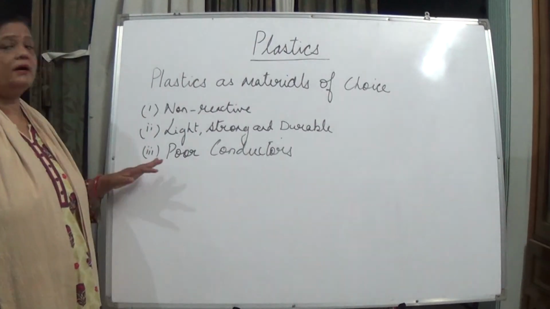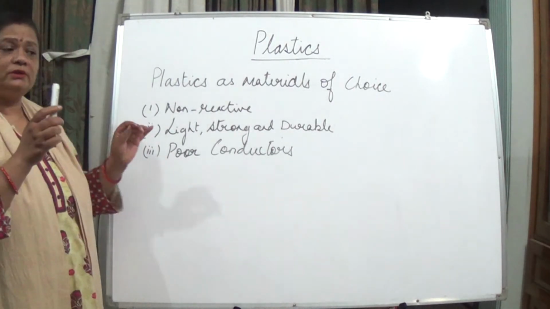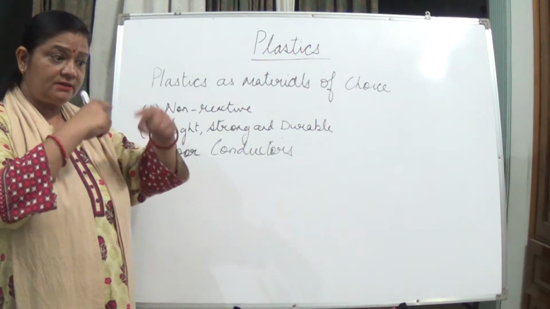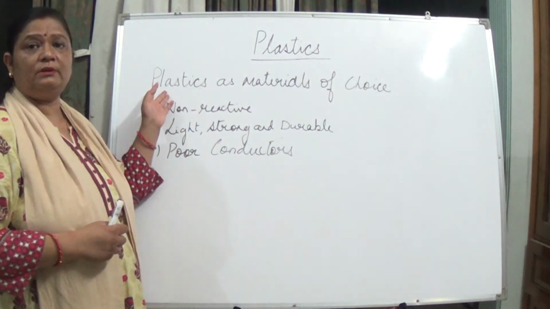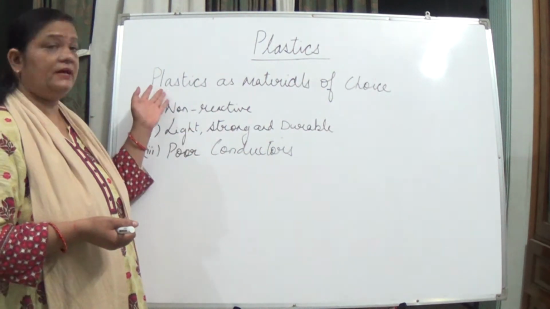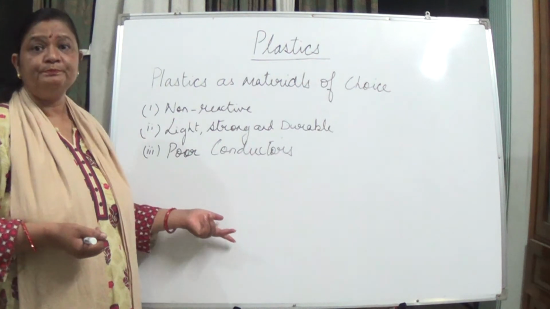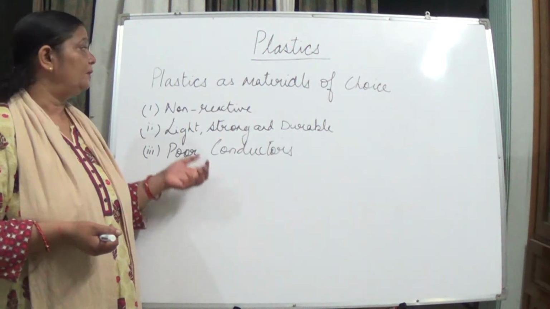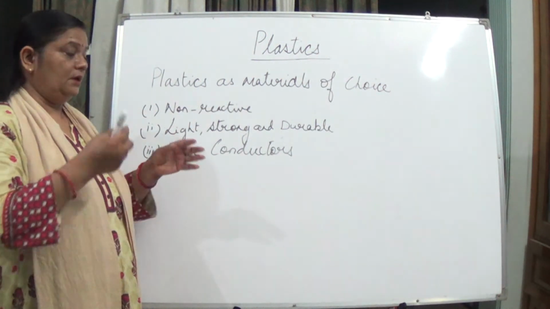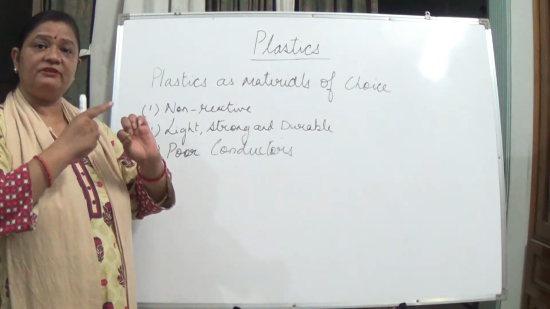As they are poor conductors of electricity, the wires are insulated with plastics only. The handles of containers are made of plastic because it is a poor conductor of electricity as well as heat. The end portion of a screwdriver is covered with plastic.